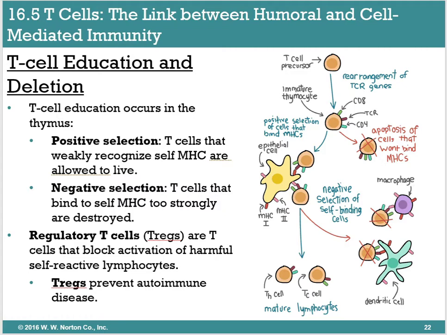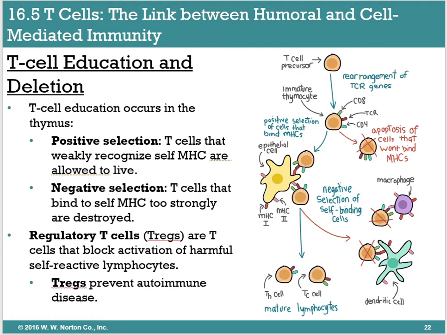So, I believe we already kind of talked about this in the other lecture, but if a T cell binds to an MHC, the cell will live. And then if a T cell doesn't bind to self, it will be destroyed.